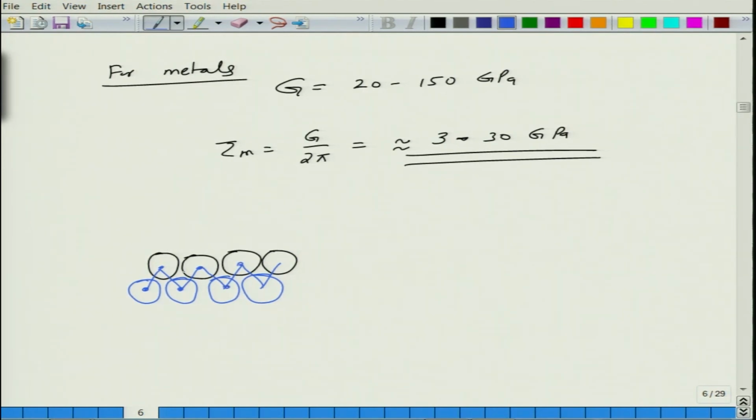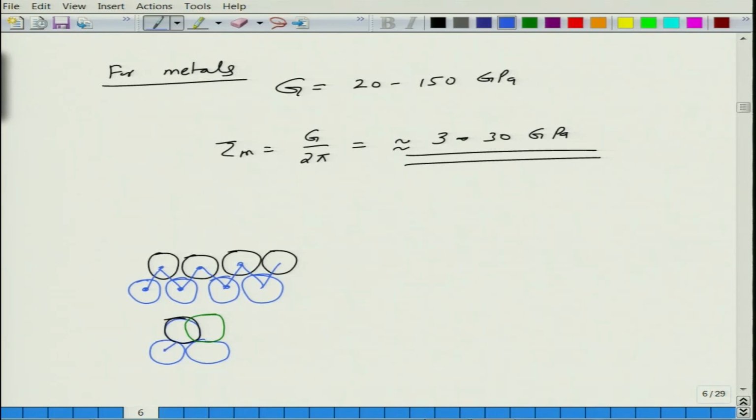So, when you move this atom, if you just consider this particular atom, the atom was sitting here earlier, sorry, let me draw a black one, it was sitting here earlier. Now, it goes to this position, and what happens at this position?